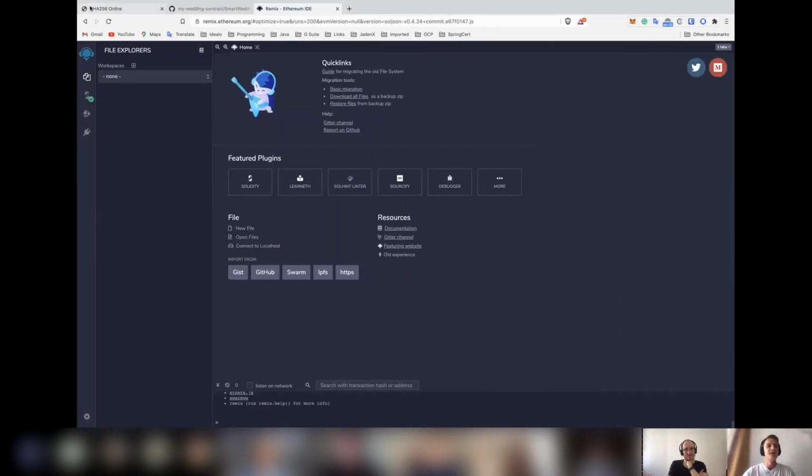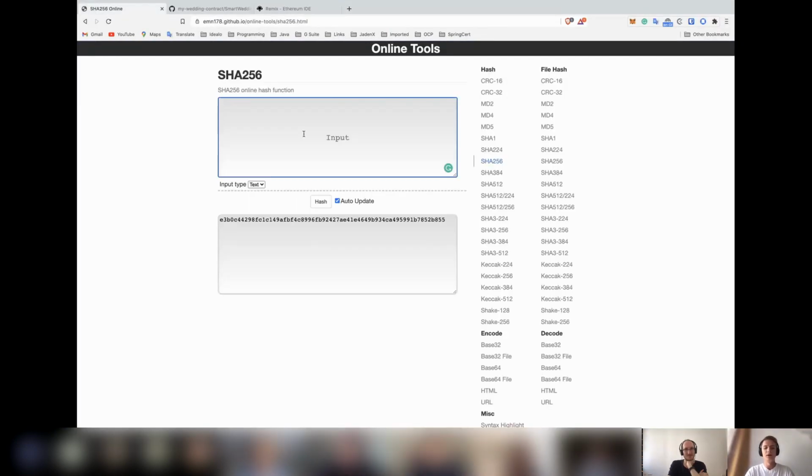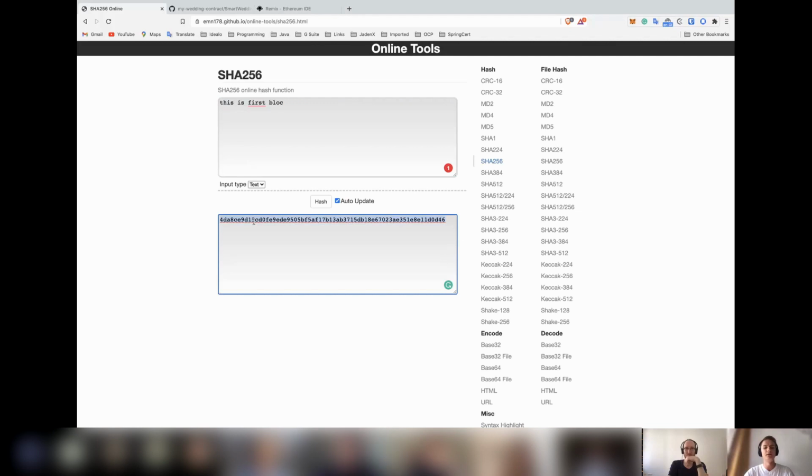Okay, let's do some demo. Let's first show how it works. This is the first block. As you see, the hash is changing all the time as I'm typing something, and this is the hash of this string. So let's copy this. This will be the beginning of our blockchain, and this is its hash.